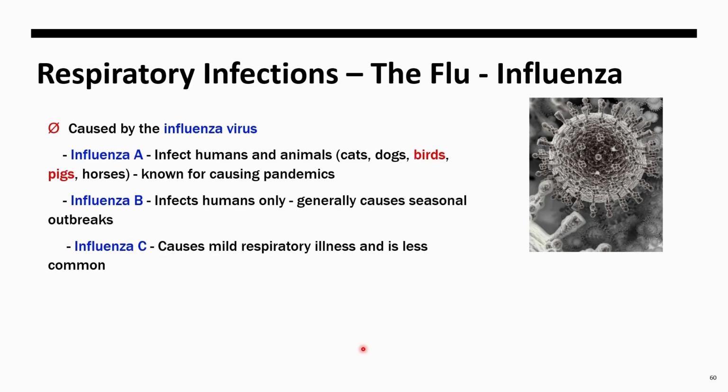One of the main CDs is respiratory infections like the flu. The flu season is very famous in Thailand. The flu is usually caused by an influenza virus. There are different types of influenza viruses that can infect different categories of organisms.